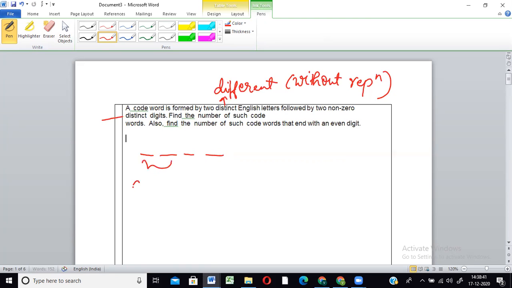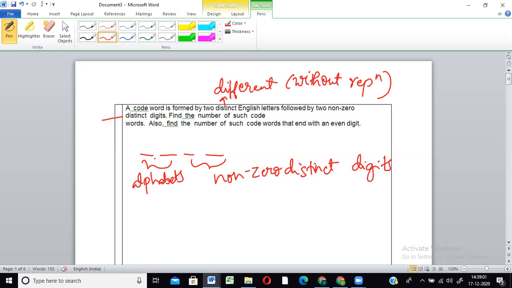Of these, the first two are English alphabets which are not repeating, and these two are numbers. To be more precise, they are non-zero distinct digits. So here, how many total alphabets do we have? 26 alphabets, yes, but they have to be distinct.